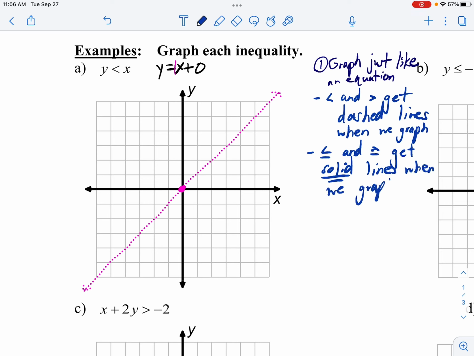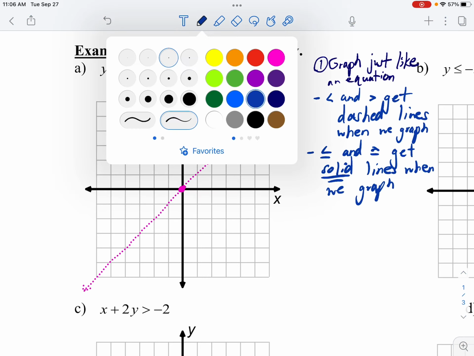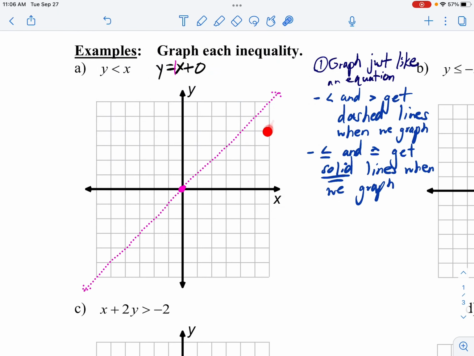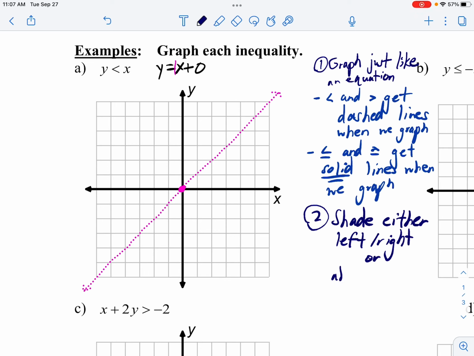All right, and then my second step, so we're done graphing our line. My second step is to shade, either left or right, or above or below.